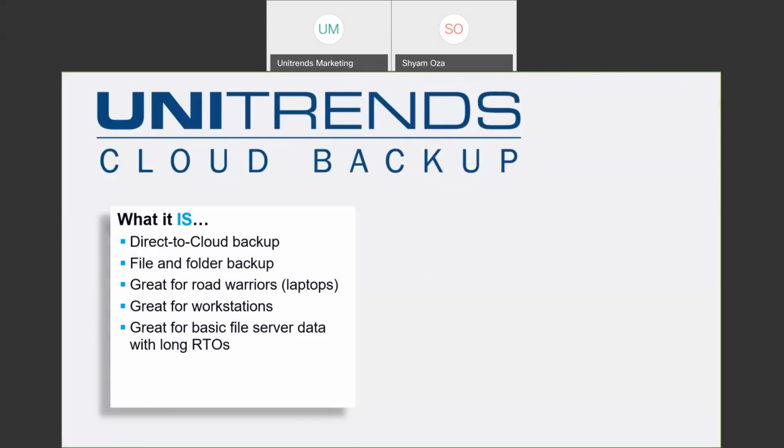It's straight from your road warriors, whether they're sales guys, marketing folks, whoever they might be out in the field, from their laptops and workstations straight into the Unitrends cloud that you use for other backup and recovery purposes today. It is fantastic for devices where you are more worried about the content on the machine rather than the application, the configurations, and everything else. And it's also typically for devices where you have room for a longer recovery time objective.